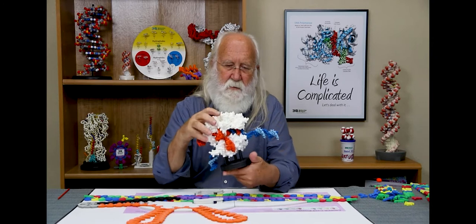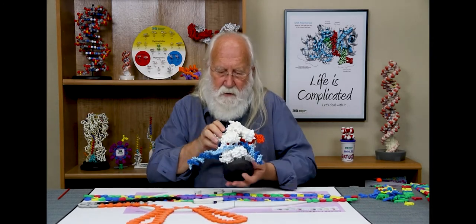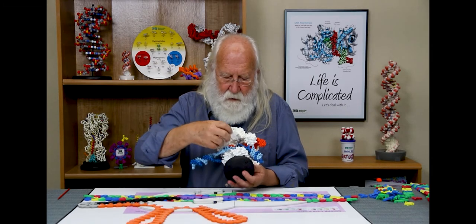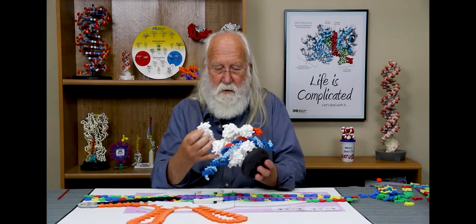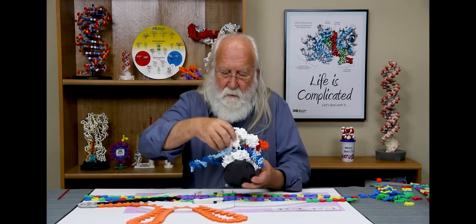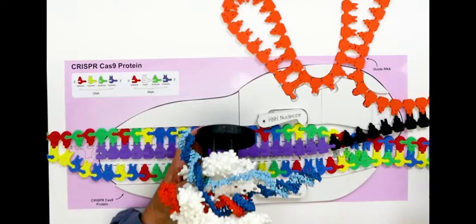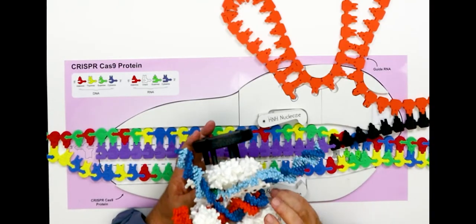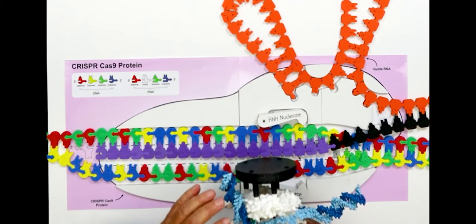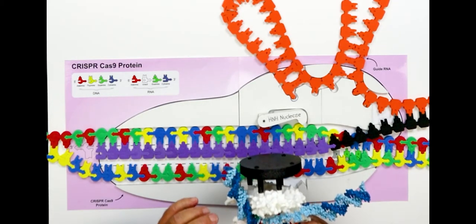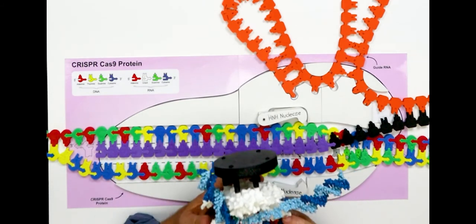But before we go through this in detail, let me show you this model. So this is a 3D printed model based on the atomic coordinates of the actual structure of this protein solved by X-ray diffraction. And I'm going to just remove one of the many domains of protein structure from this 3D printed model so that you can better see how it binds to DNA and how the guide RNA interrogates the DNA.